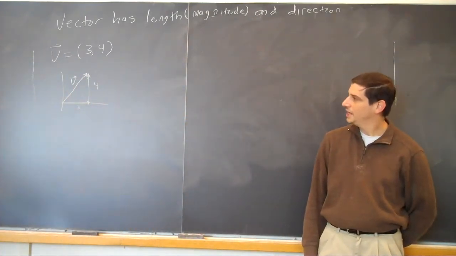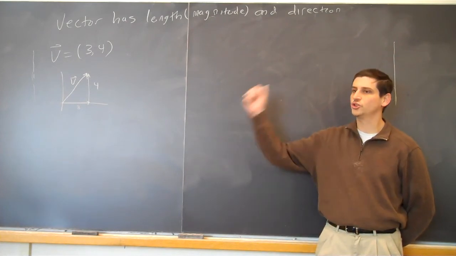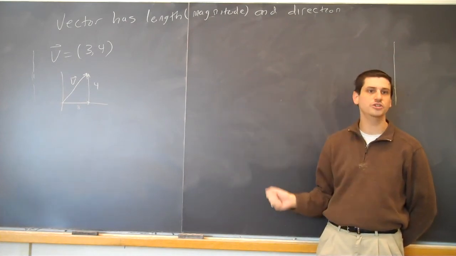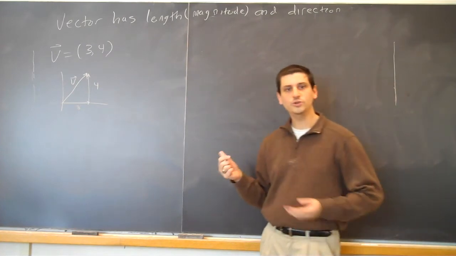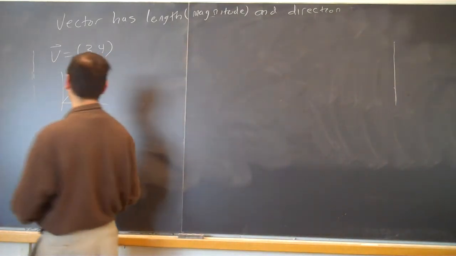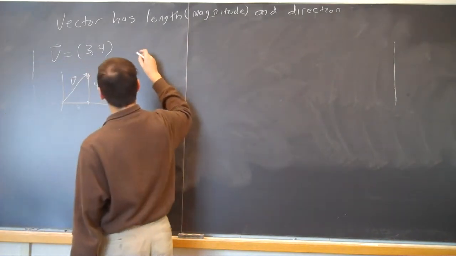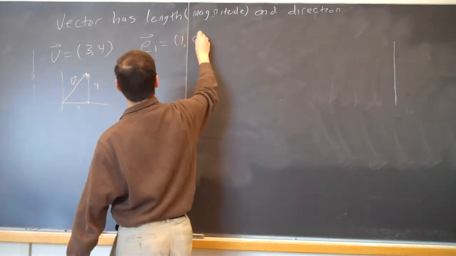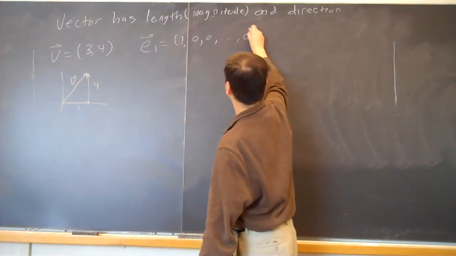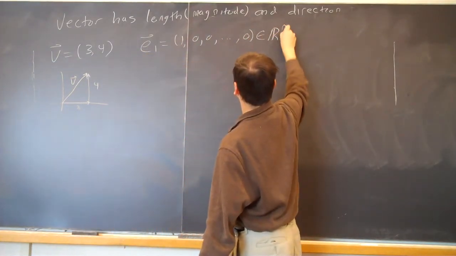Okay? Here, I can express V as so many steps in the east-west direction, so many steps in the north-south direction. And so what we're going to do is introduce notation for some really good vectors like this. If I give you vector V in Rn, I'm going to let E1 be the vector 1, 0, 0, 0 in Rn.